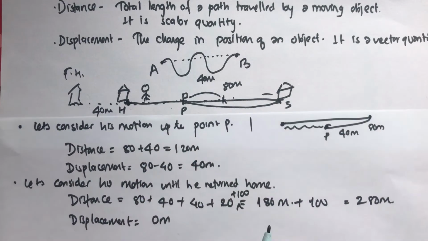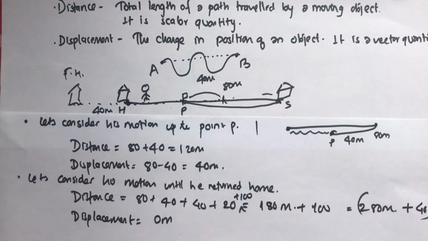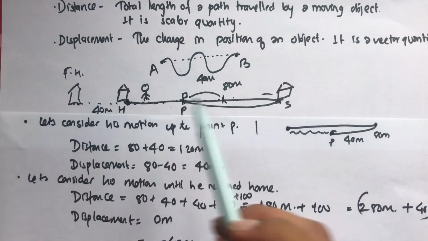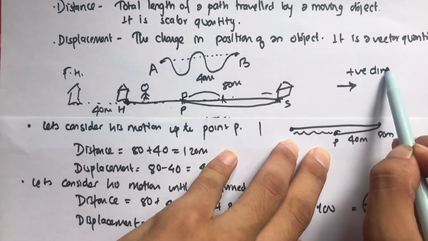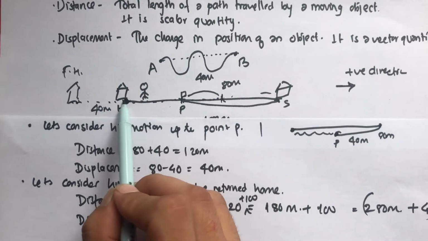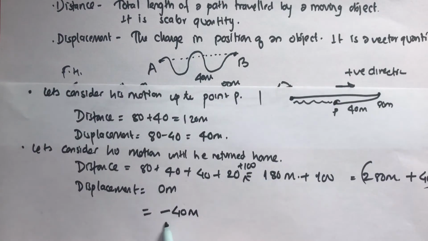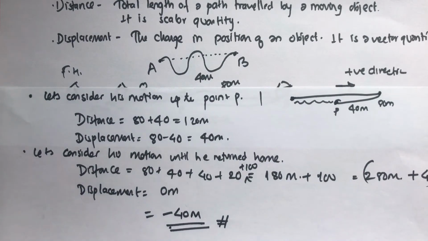So the total distance he traveled will be plus 40, and the displacement he had here would be minus 40, because his initial position was this and his final position was this, and we are taking this direction as positive direction. Since we are taking this direction as positive direction, his displacement was in this direction, so his displacement is minus 40, negative of 40. So you can see that displacement can be negative as well, but distance can never be negative, because distance is a scalar quantity.